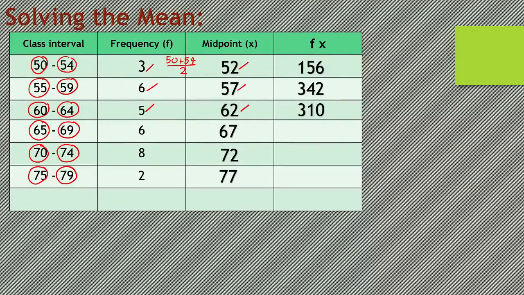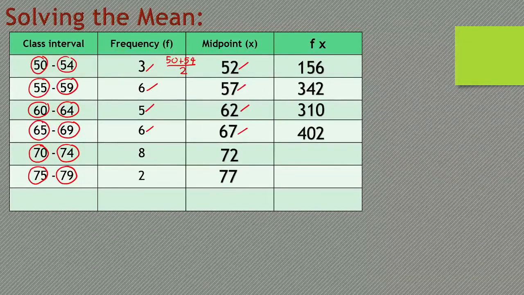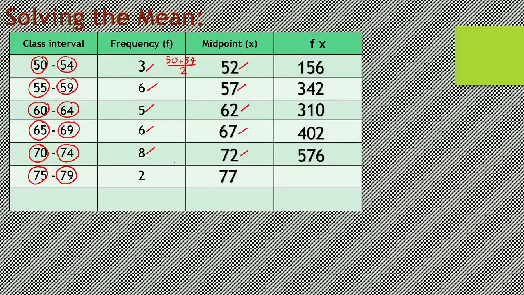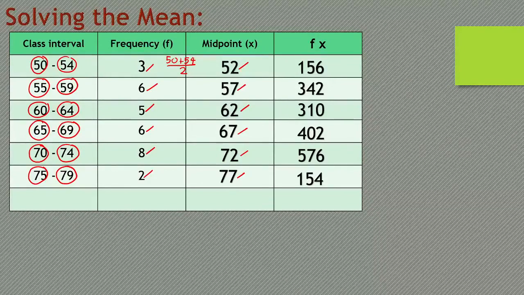What about 6 times 67? 402. 8 times 72? 576. 2 times 77 will give you 154. What is the next thing that you're gonna do now?